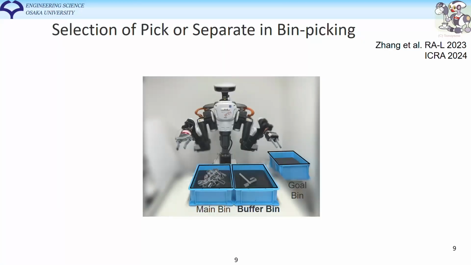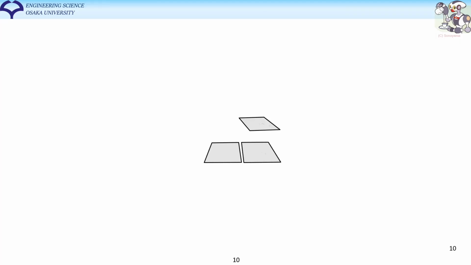We consider this is the main bin where the parts are stored, and this is the goal bin. In addition to the two bins, we consider a buffer bin. First, we try to predict if entanglement occurs by using a neural network, so-called PICnet.